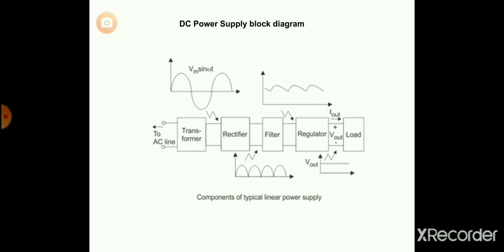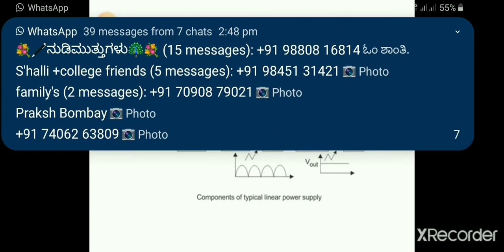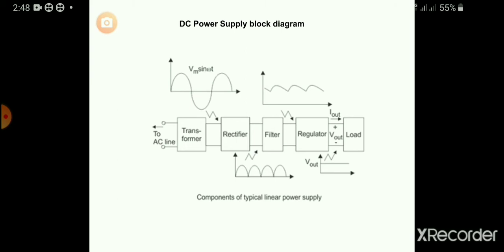The filter filters unwanted AC present in the DC, that is called the filter. The regulator controls the DC voltage. The output is given to the load.